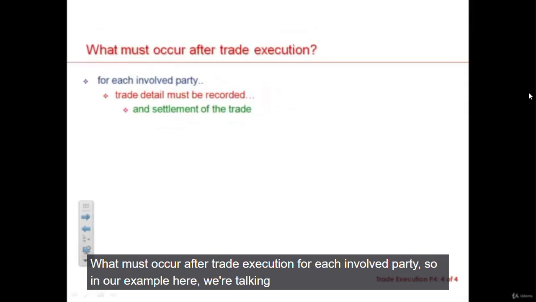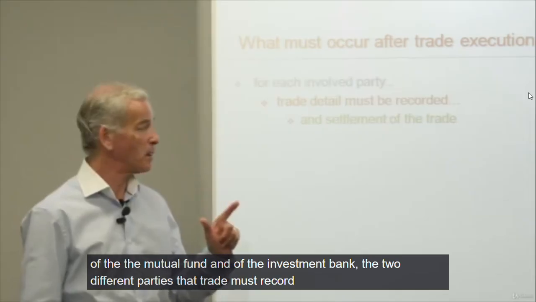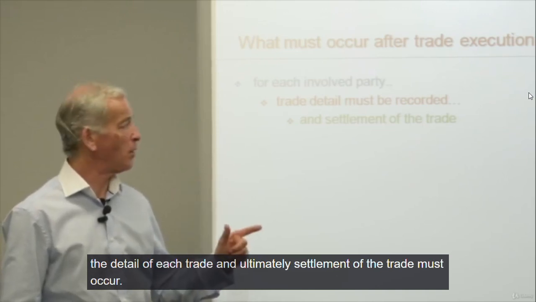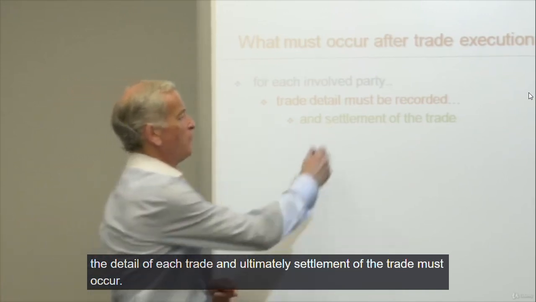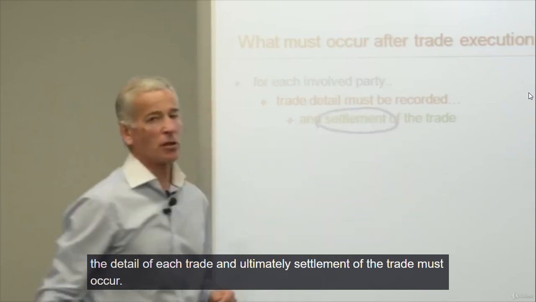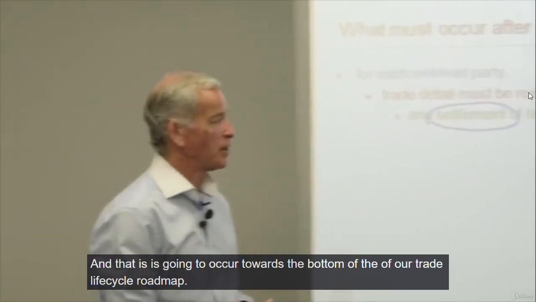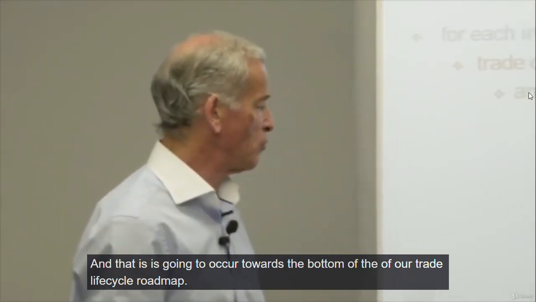So in our example here, we're talking of the mutual fund and of the investment bank, the two different parties to the trade, must record the detail of each trade, and ultimately settlement of the trade must occur. And that is going to occur towards the bottom of our trade life cycle roadmap.